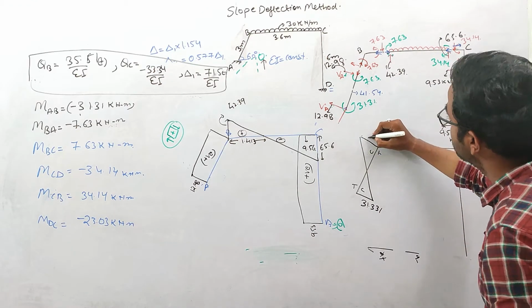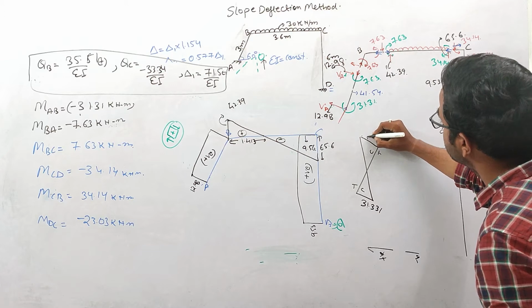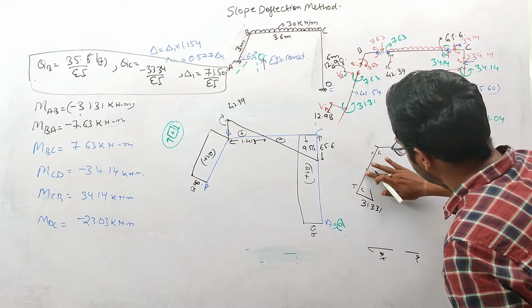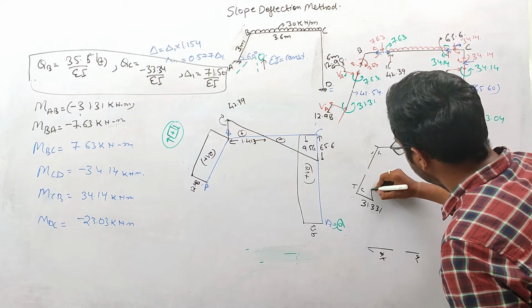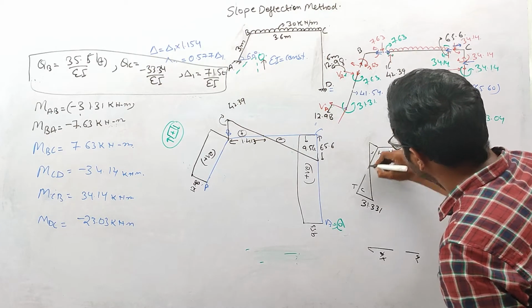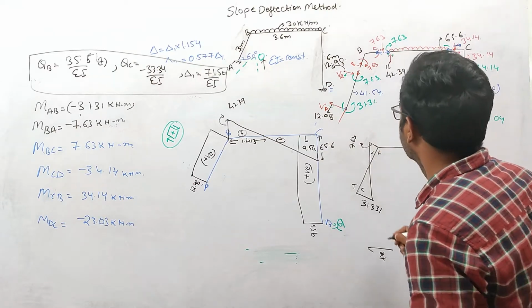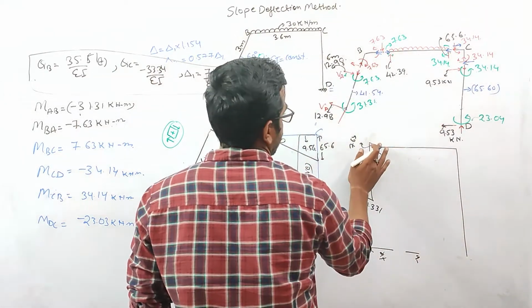So this is the value of the bending moment diagram, 7.63, right?